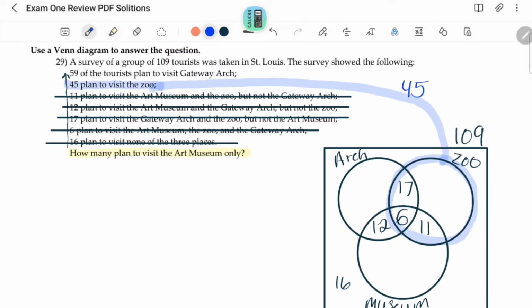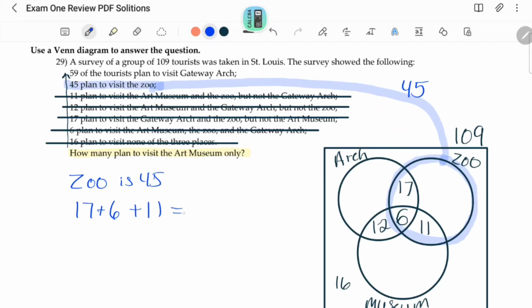And in question number 30, we're going to see more of that. So to find out what's missing for my zoo, we know the zoo is 45. So far, I have 17, 6, and 11 inside. So let's add the 17 with the 6 and the 11.